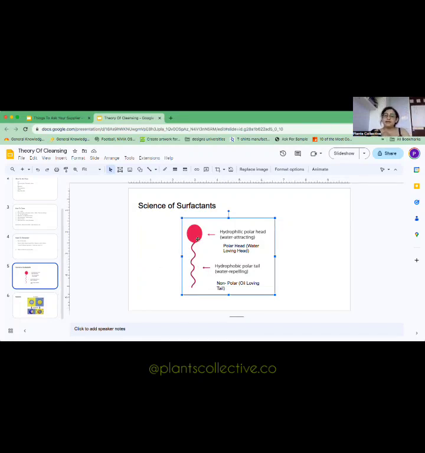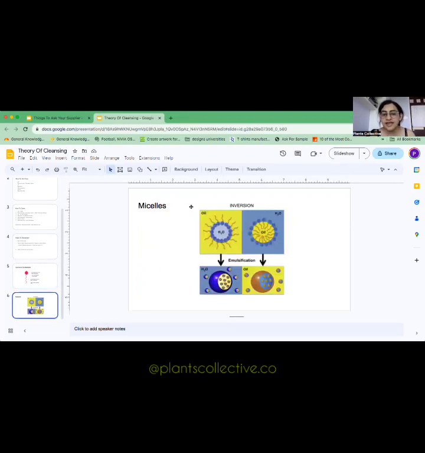So when we apply soap on our skin, they form something called micelles. This is also how your micellar water came into picture. The micellar water is based on the science of micelles. These micelles are basically the formation of surfactant molecules when they come in contact with either oil or water, or both of them, oil and water. So what happens?